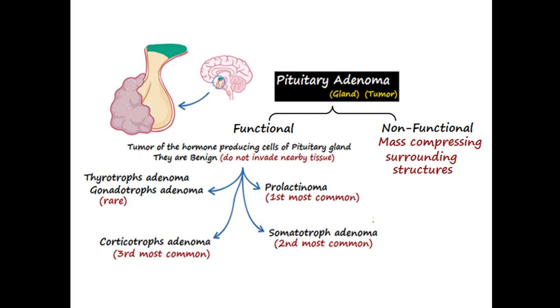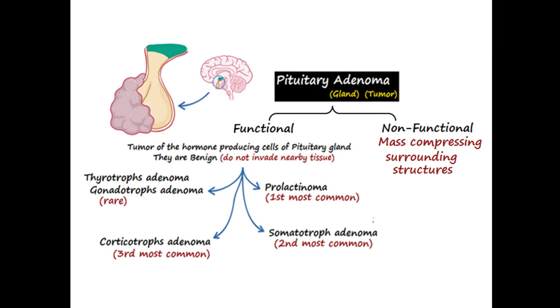But in people in whom the epiphyses of the long bones have closed, there will be no change in the length of the person, but it will lead to another condition, with increased growth of the bones and soft tissues, known as acromegaly.